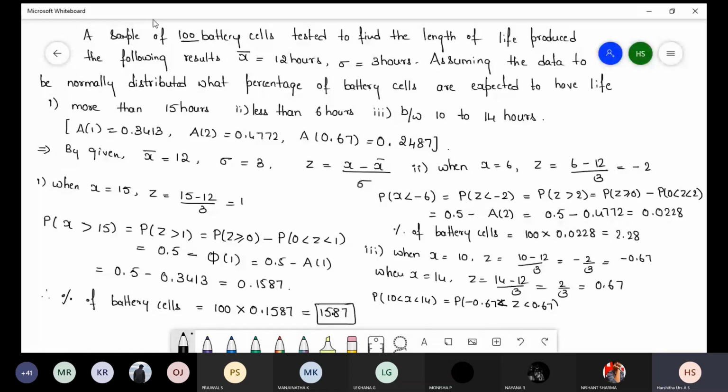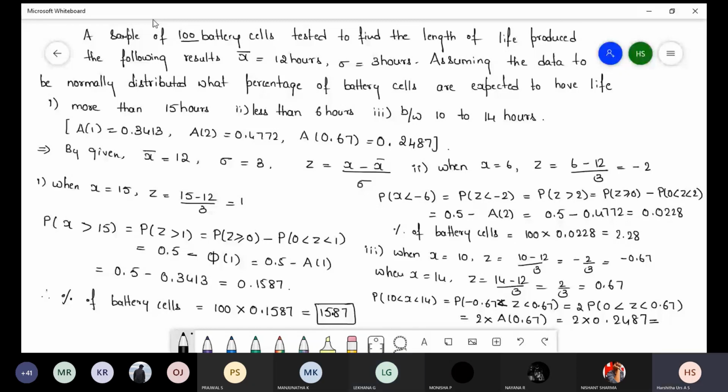Apply the property: 2 into P of 0 less than z less than 0.67. So 2 into A of 0.67. Already they have mentioned the 0.67 value, 0.2487, so we get 0.4974.